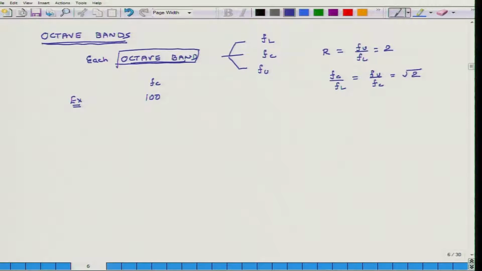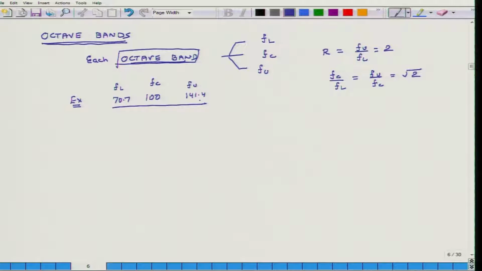Then if the band is 1 octave wide, its lower frequency will be 100 divided by 1.414, that is 70.7, and its upper frequency will be 141.4.